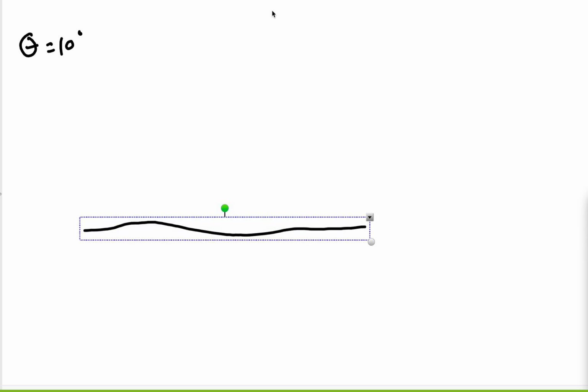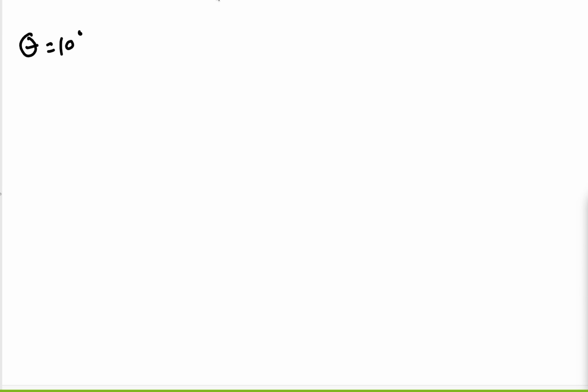is because if I launch a ball at, say, an angle of 10 degrees, okay? Here's the ground.